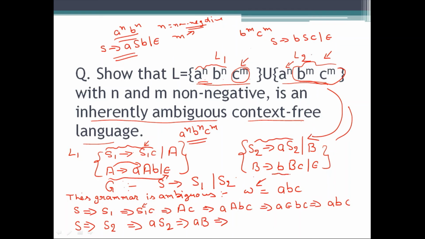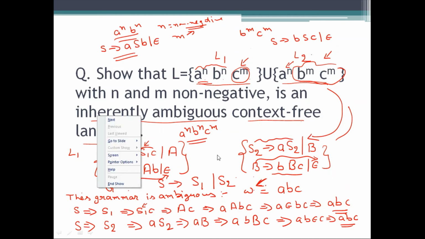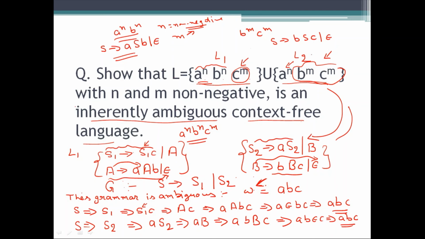Next B is going to be replaced by bBc, so a, b, Bc, and then by using the production B rewritten as epsilon, you get abc. So you find that this grammar is ambiguous, because this string is present in the language generated by the grammar in an ambiguous way. Now to prove that this is inherently ambiguous, you have to find all such grammars.